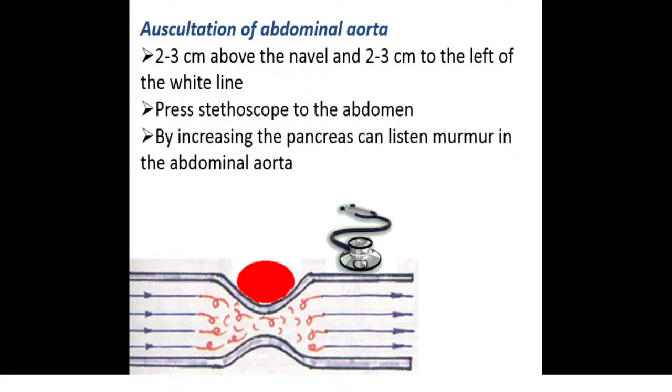And if we do auscultation of the abdominal aorta, we can hear a murmur in the abdominal aorta. But this sign may also be present if the patient has atherosclerosis or an aneurysm of the abdominal aorta.